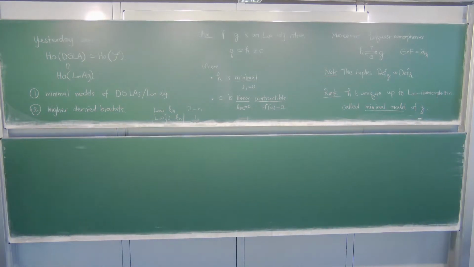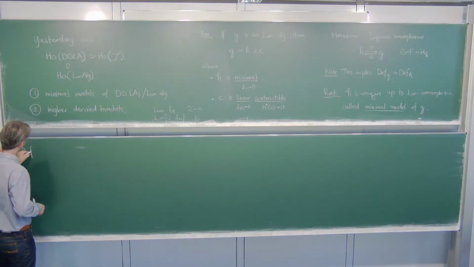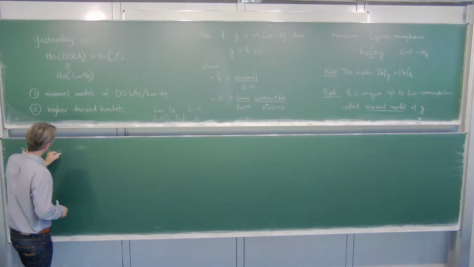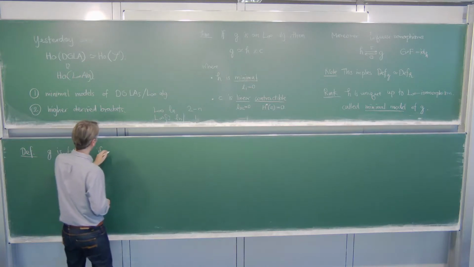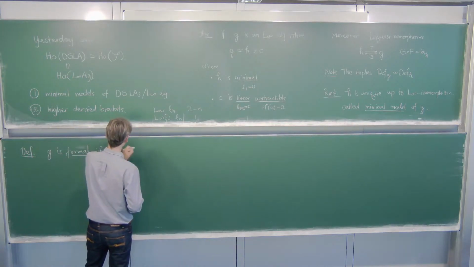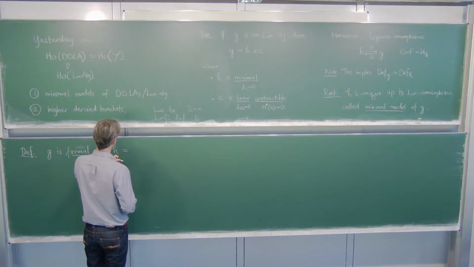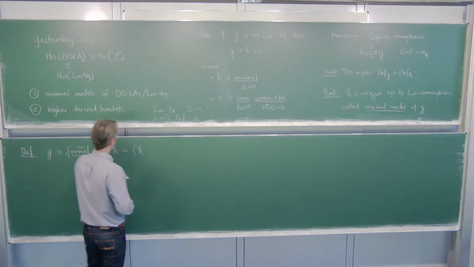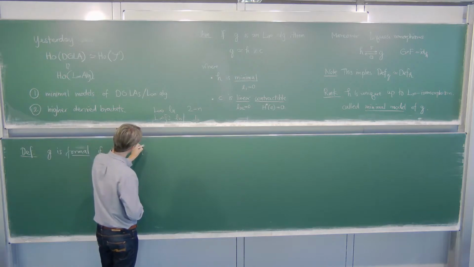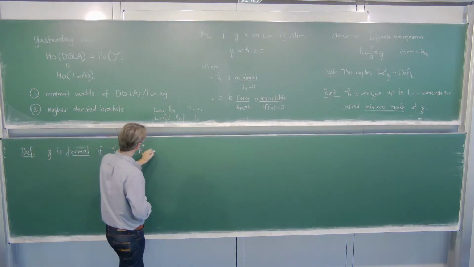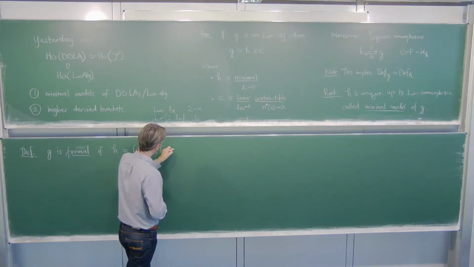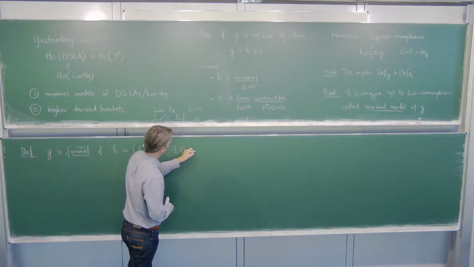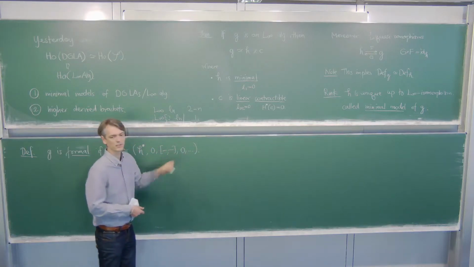So that's sort of the next definition. G is formal if H is isomorphic to the underlying graded vector space with no differential, the binary bracket, and no higher brackets.